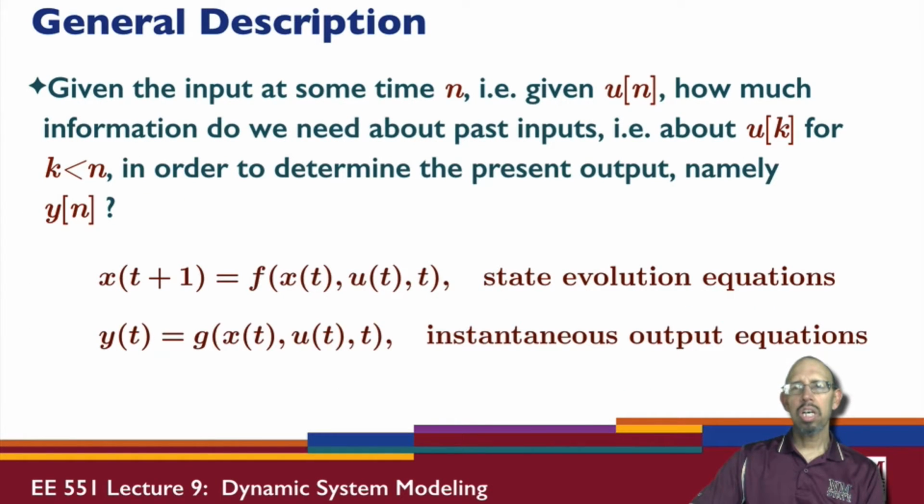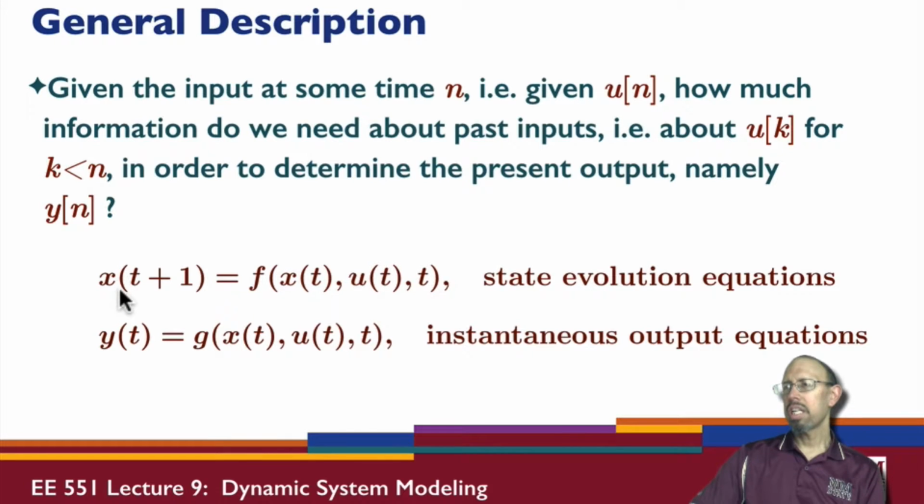Now let's take a look a little bit more specifically at state models. Given the input at some time n, that is u at n, how much information do we need to know about past inputs, that is u at time k for k less than n, in order to determine the present output y at n?